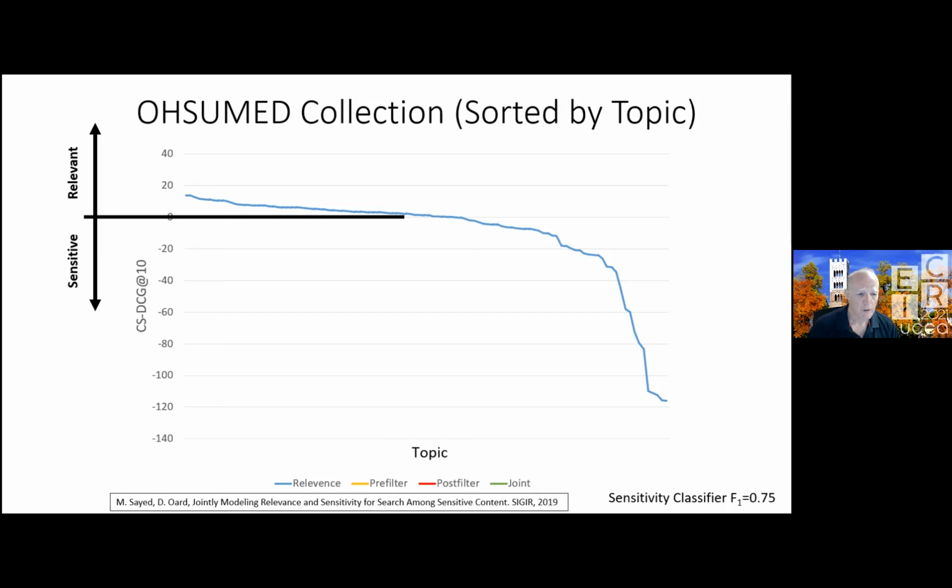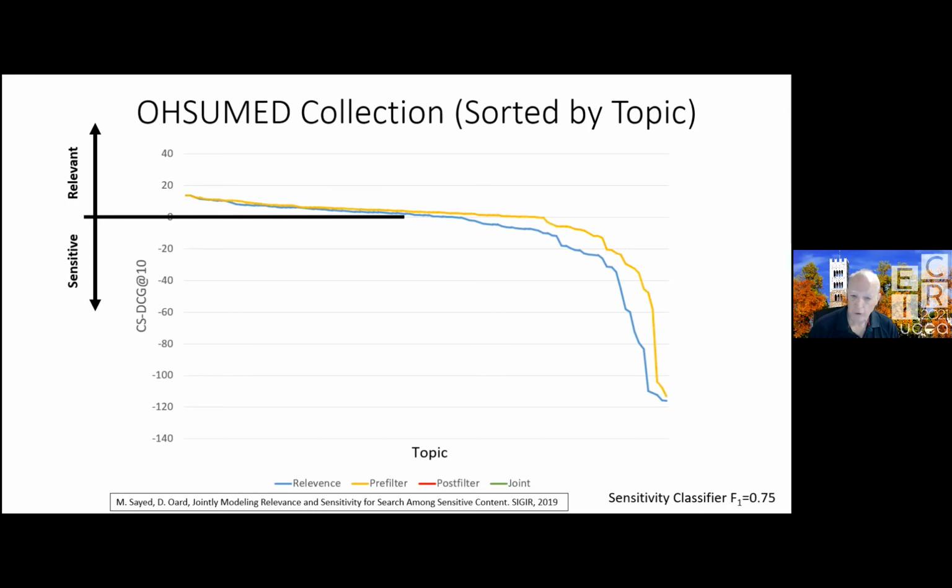And you can see that, with topics sorted by decreasing score, about half of the topics have positive scores, and about half of the topics have negative scores. And so this sort of 50-50 condition is what you get for free. And you want to do better than 50-50. You'd like to have no topics that get negative scores.